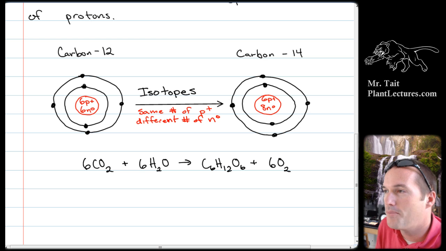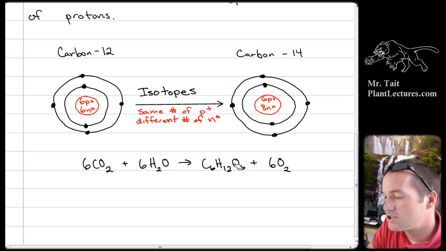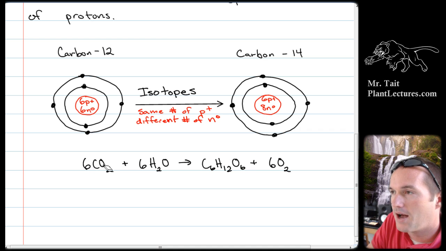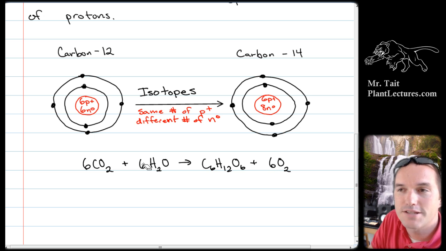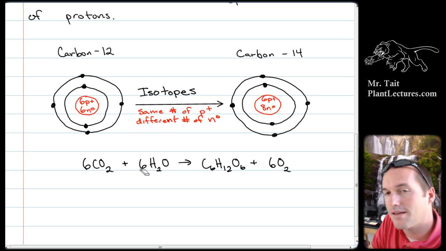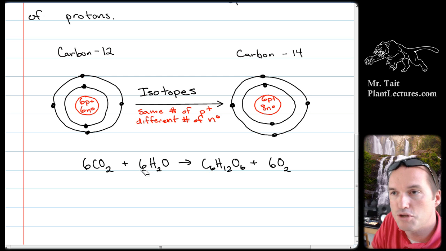One of the things we know is that the oxygen in the glucose comes directly from the oxygen that was in the carbon dioxide. And the oxygen that was given off as waste comes from the water, right? And what that allows us to do is to know what intermediate compounds there are, what enzymes we should be looking for.